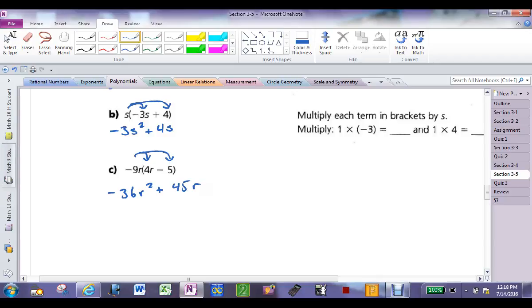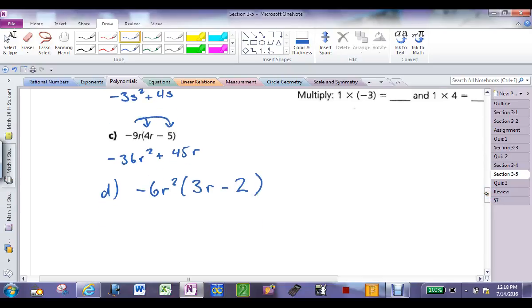Now, you've been with me long enough to know not to trust that much blank white space, right? Good. Try this one. Negative 6r squared times 3r minus 2. What's that going to be? That's not very fair.